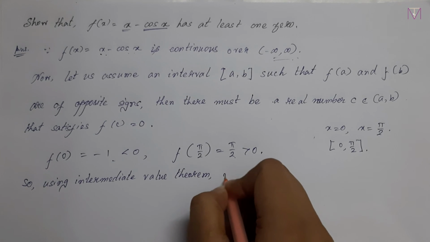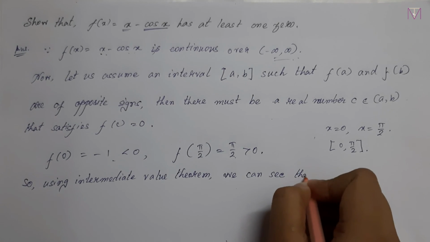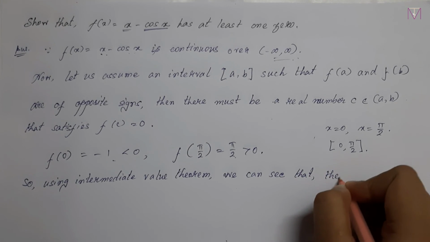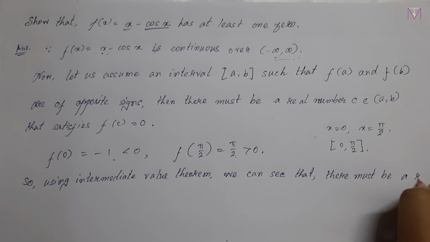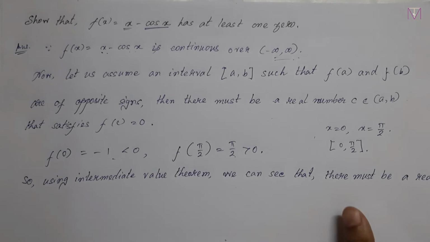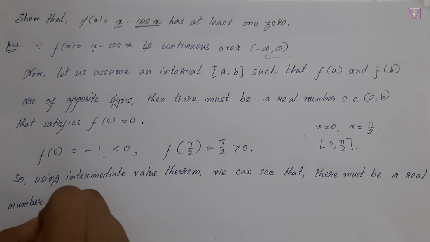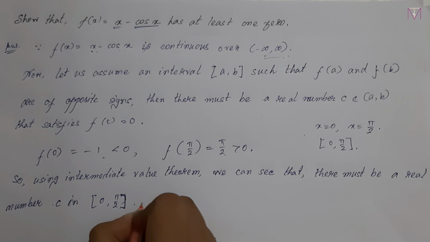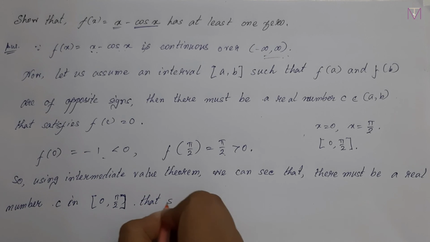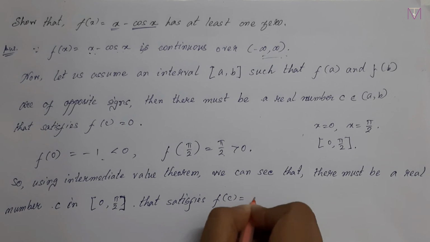So we can see that there must be a real number c in (0, pi by 2) that satisfies f(c) equal to 0.